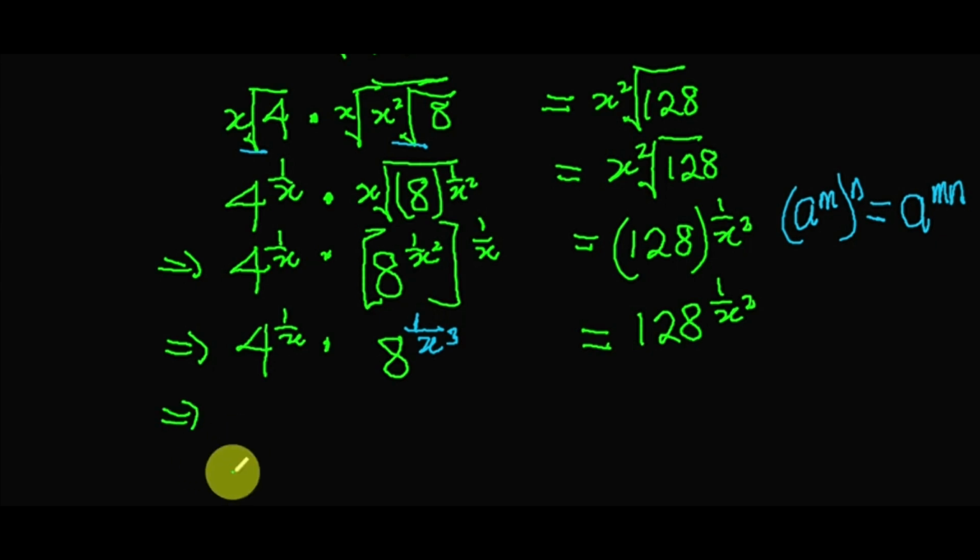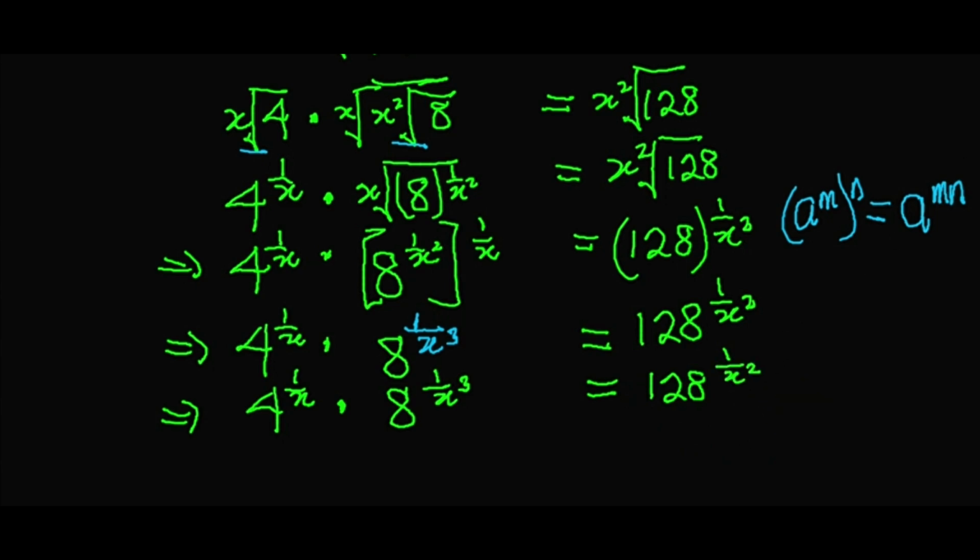So this implies 4 raised to the power 1 over x multiplied by 8 raised to the power 1 over x to the power 3 equals 128 raised to the power 1 over x squared.